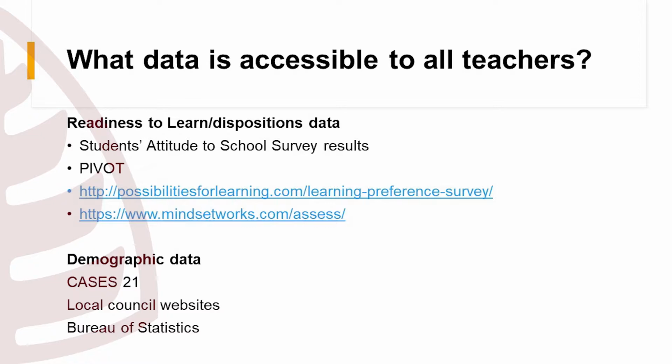So what data is accessible to teachers in order to identify who our learners are and what their readiness to learn is? So readiness to learn and disposition data, we have student attitudes to school, and it's very important that when you look at the results of the student attitude to school, you also make sure that you have read and understood the questions that the students were asked before they responded.